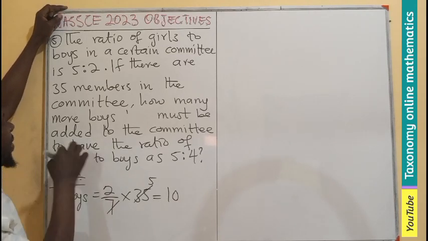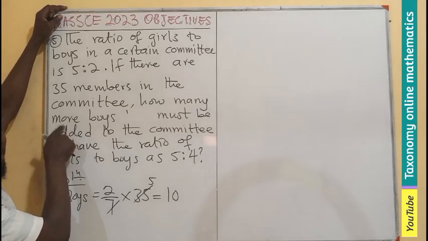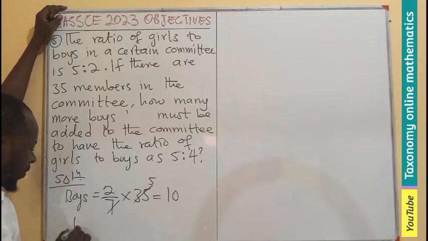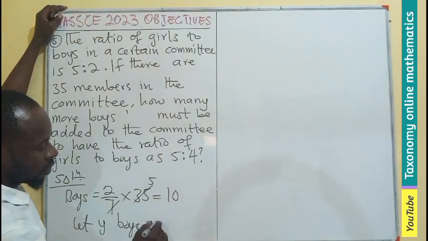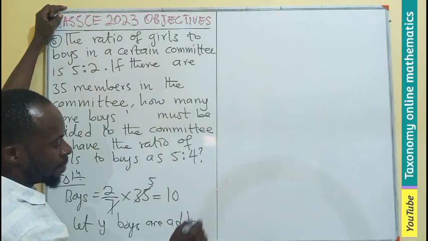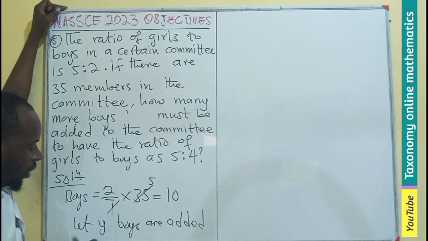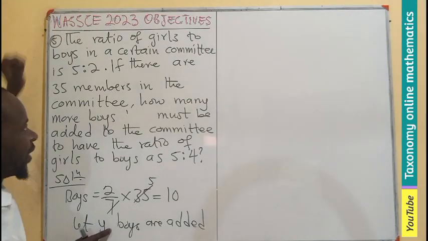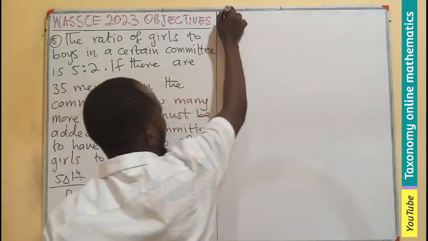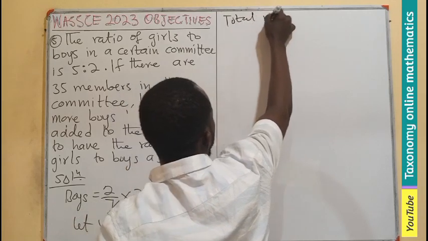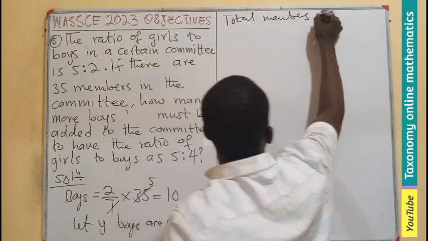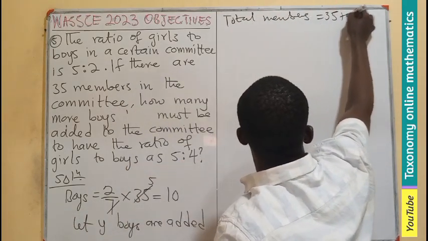Now we are looking for a certain number of boys to be added. So let's just say y boys must be added. If y boys are added, the total number of members is going to be 35 plus y.